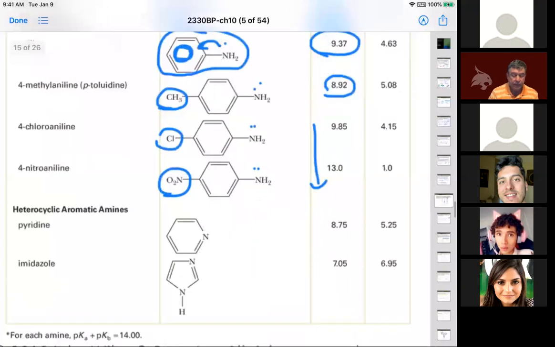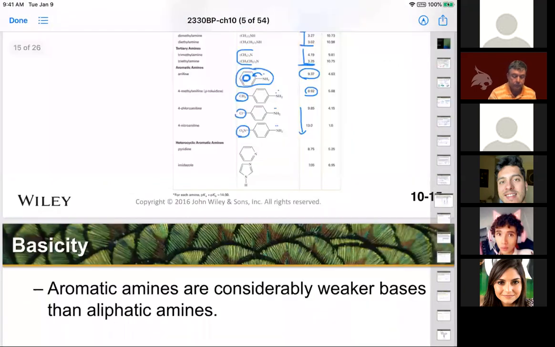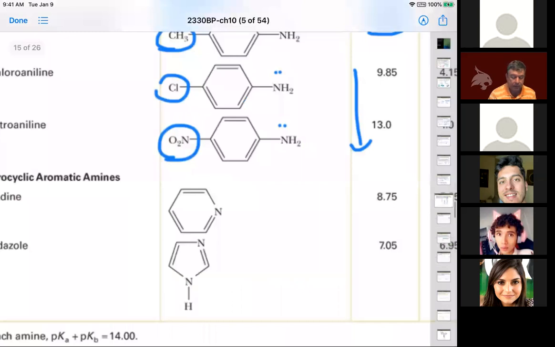Okay. And the last two I have here are what we call heterocyclic aromatic amines. There's a lone pair right here on this nitrogen. And what we see is that these are slightly stronger bases than the aromatic amine itself, like aniline, but they're not as basic as the aliphatic system.